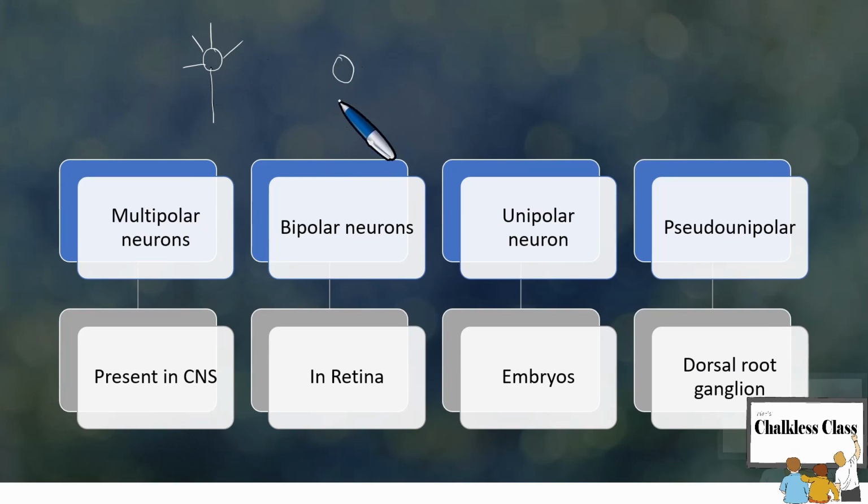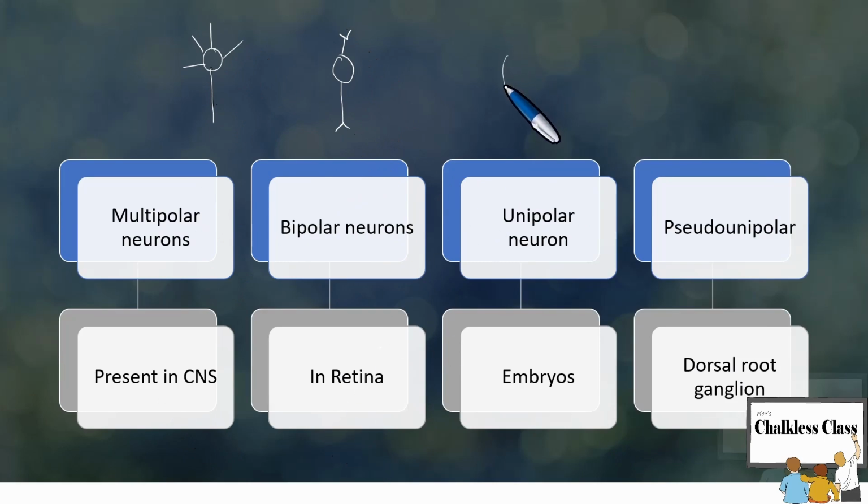In bipolar neurons, the cyton has two processes. One is the axon and another is the dendrite. So, the afferent process is the dendrite, and the efferent one is the axon. Such types of neurons are called bipolar neurons. These are present in the retina of the eye.